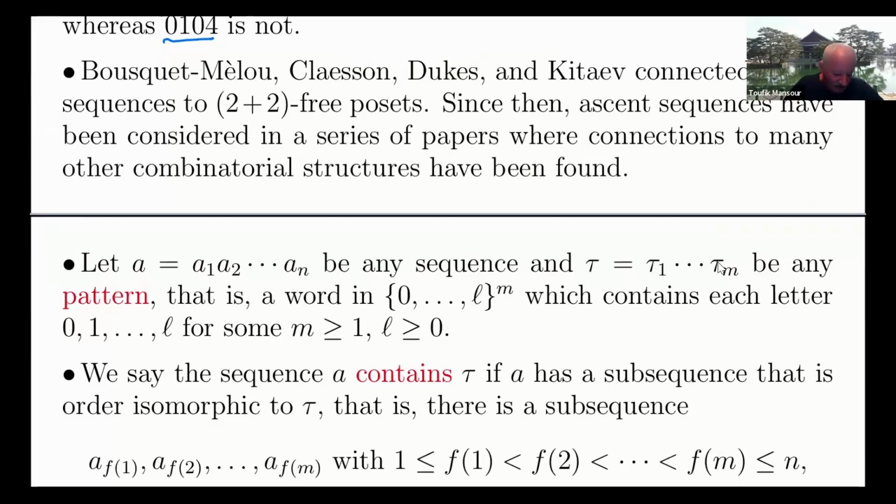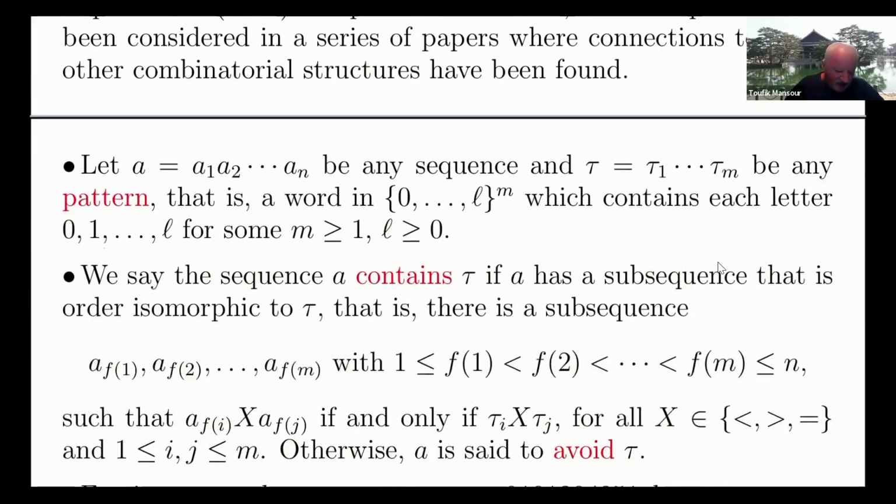So what I mean by avoiding: suppose we have a sequence of integers and a pattern tau that contains the letters from 0 to l, of length m. We say the sequence A contains tau if A has a subsequence that is order isomorphic to tau.